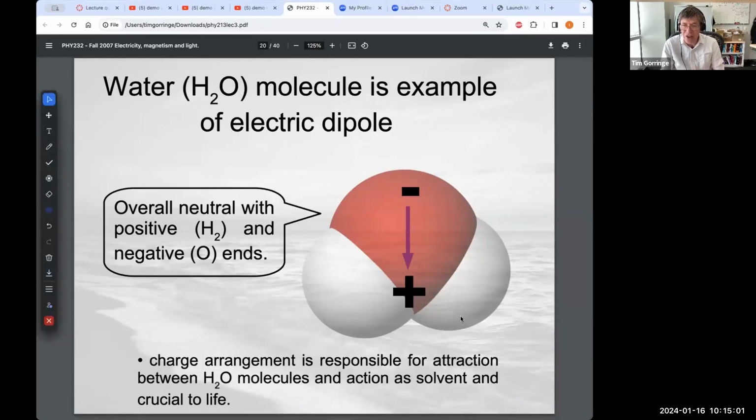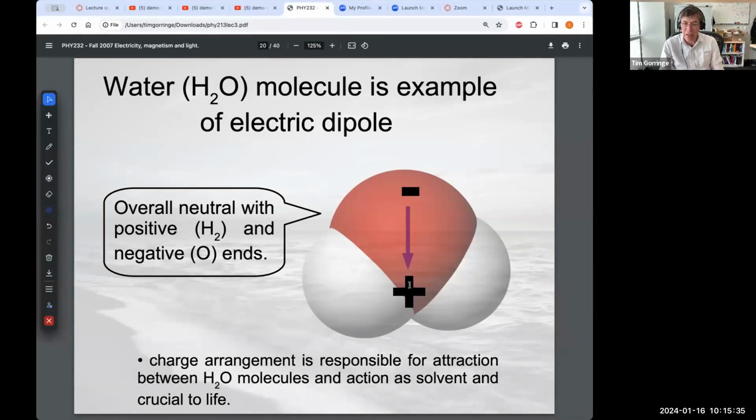The hydrogen end of the water molecule, that's downstairs on this little picture here. That hydrogen end is positively charged. The oxygen end, here in red, the oxygen, that oxygen end of the water molecule is negatively charged. And here is the classic example of an electrical dipole. We've got a molecule with a positive end, the hydrogen end, and a negative end, the oxygen end.